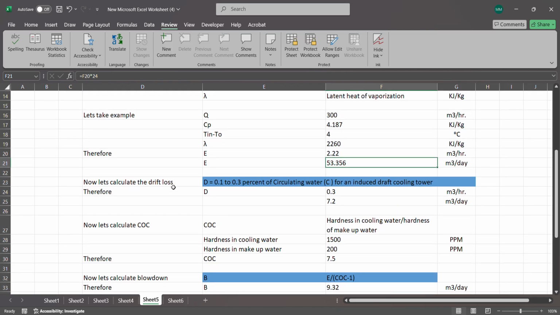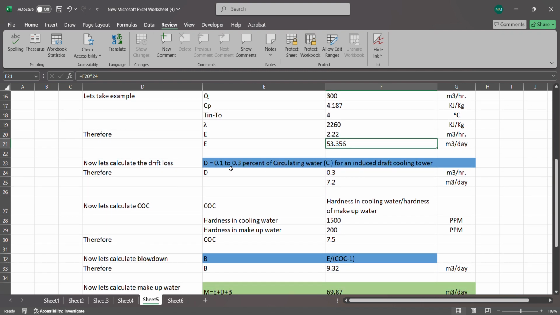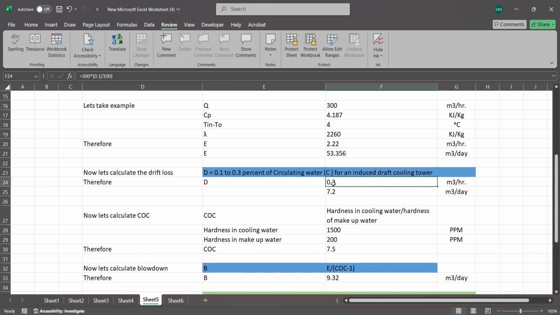Now let's calculate the drift loss. Drift loss for an induced draft cooling tower is 0.1 to 0.3% of the circulation flow rate, and its unit is meter cube per hour. As we are using a 300 meter cube per hour circulation tower, we multiply this by 0.1 divided by 100, as it is 0.1%.